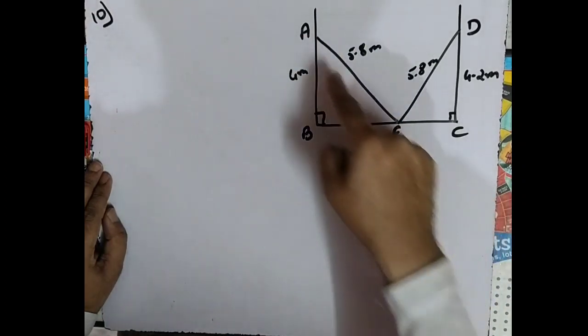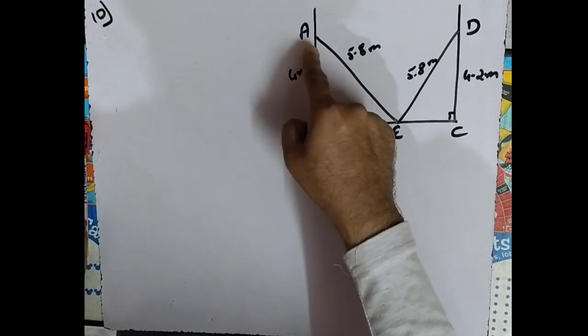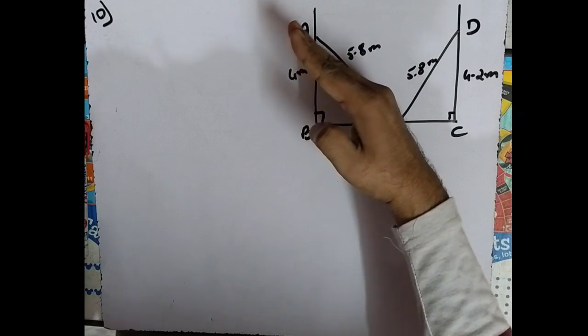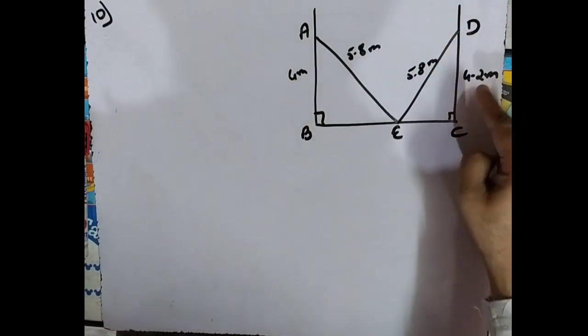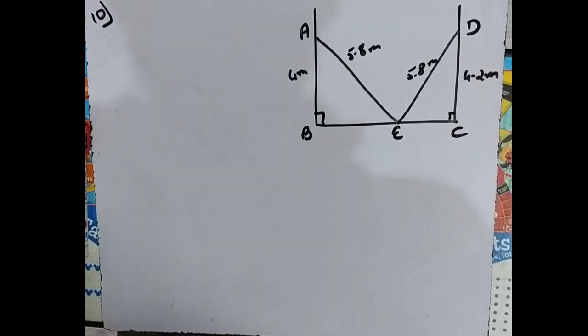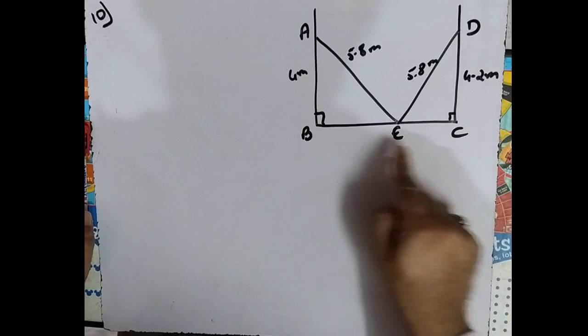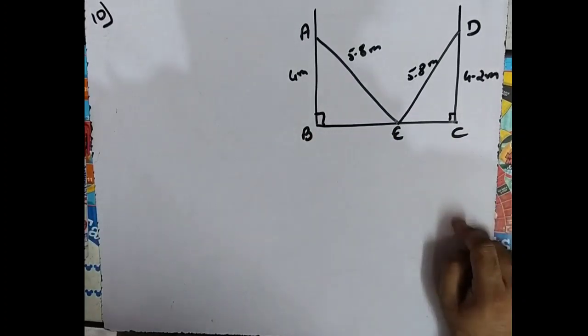AE is representing the ladder which is reaching the window of one building at the height of 4 meter. When this ladder is turned on the other side, it is reaching at the height of 4.2 meter. We want to find the width of the street. Length BC we have to find out.